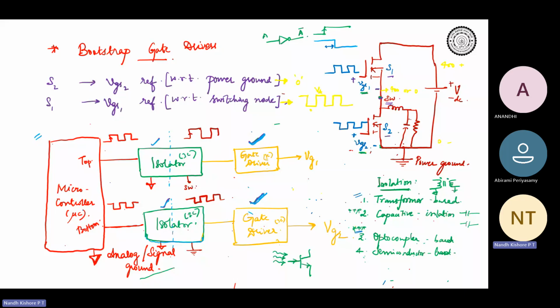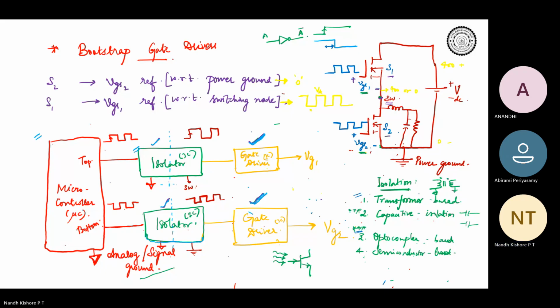Obviously, this ground and the switching node cannot be shorted, because the switching node is continuously changing from 0 to VDC. So this isolator is a must in this kind of arrangement, because I cannot have my microcontroller ground same as the switching node. These two cannot be matched.